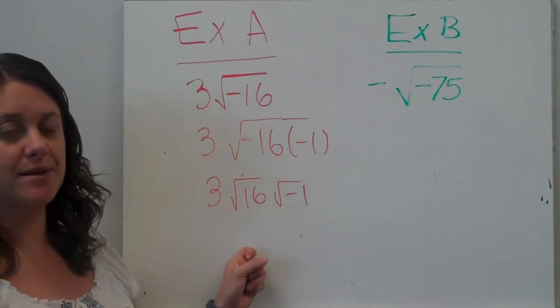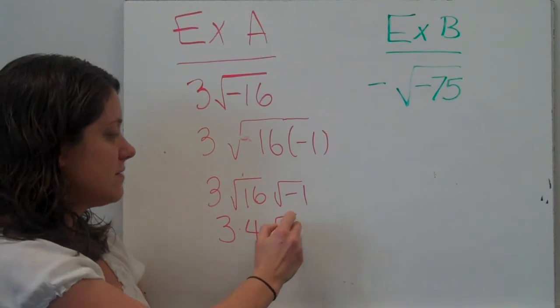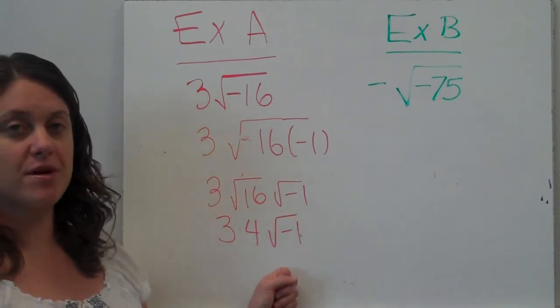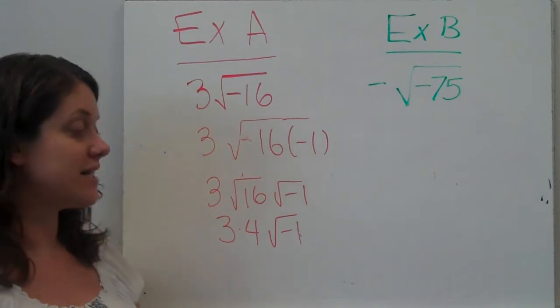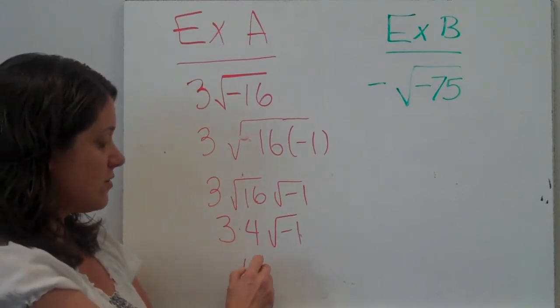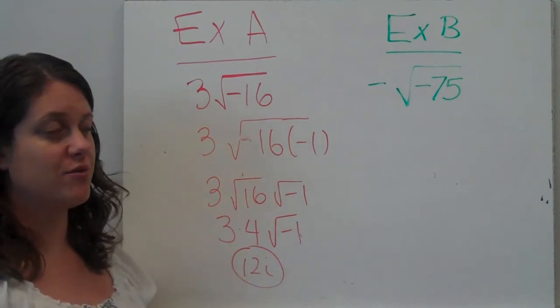So I know the square root of 16 simplifies to 4, so I now have 3 times 4. And then I remember that the root of -1 simplifies to i. So 3 times 4 is 12. And I have 12i, and my radicals have gone away.